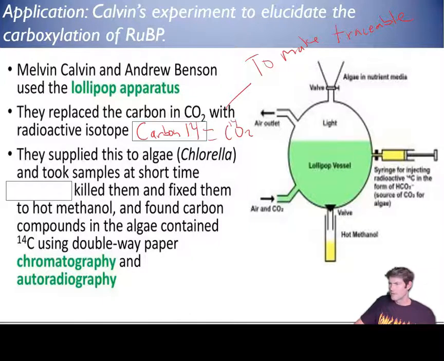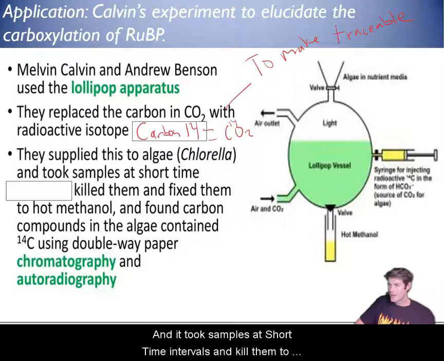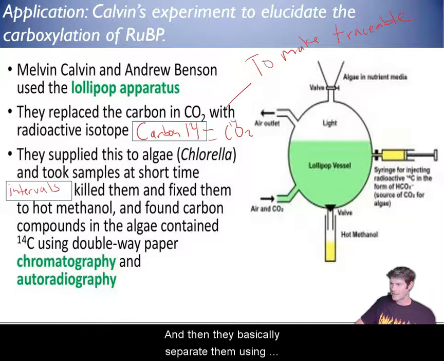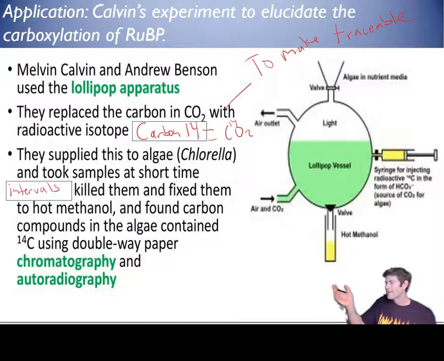So they supplied this radioactive CO2 to this algae, and then took samples at short time intervals and killed them. They killed the algae, sampled them, and then they put them in hot methanol, and that fixed the molecules, and then they basically separated them using chromatography, autoradiography.